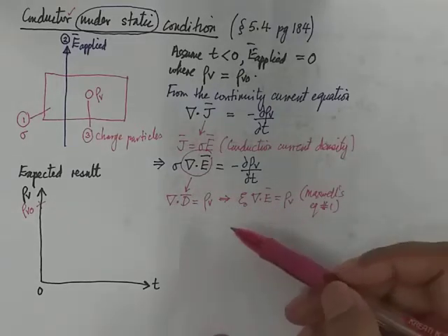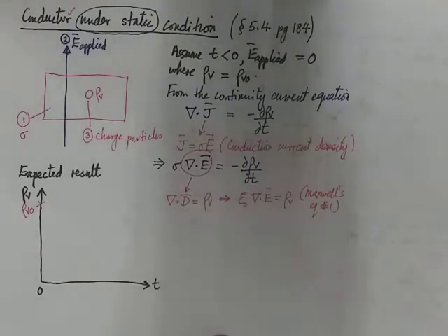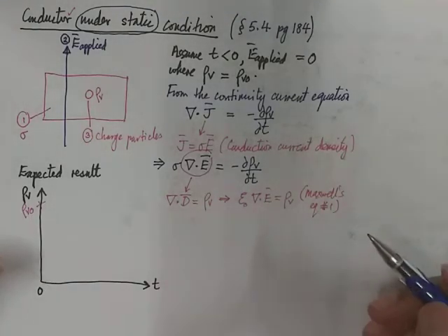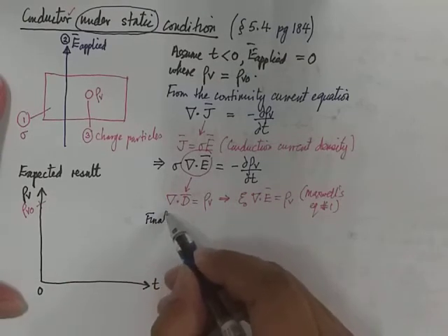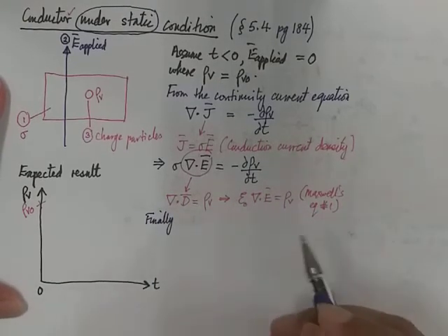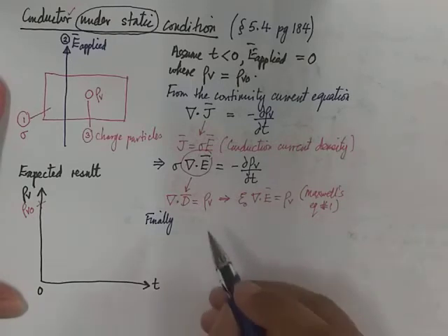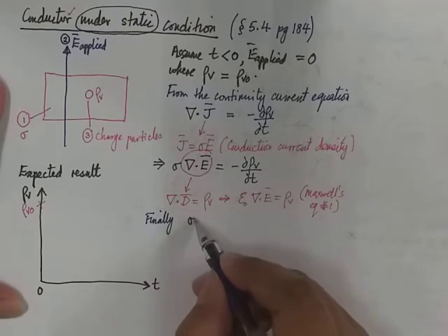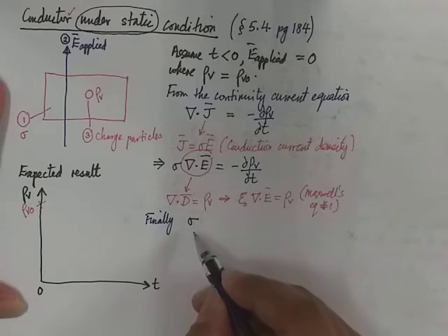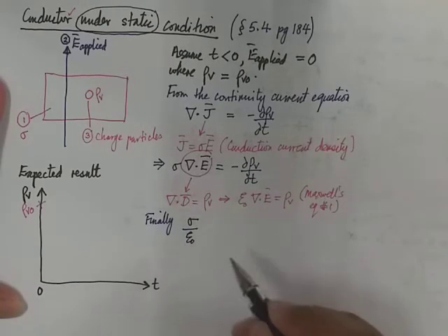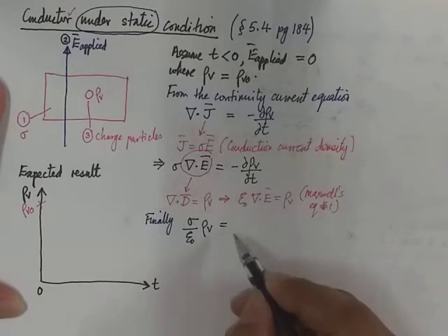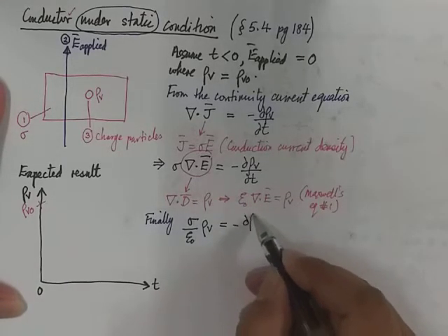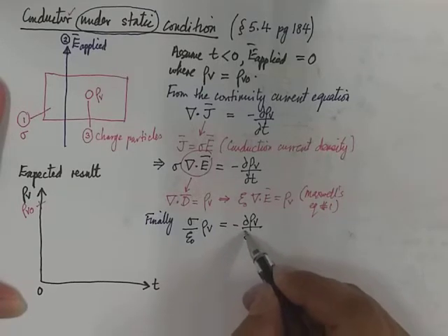Then we can substitute in our equation. So finally, what do we obtain after the second substitution? Sigma over epsilon naught multiplied with rho v, do you agree on that? Equal to minus d rho v over dt.